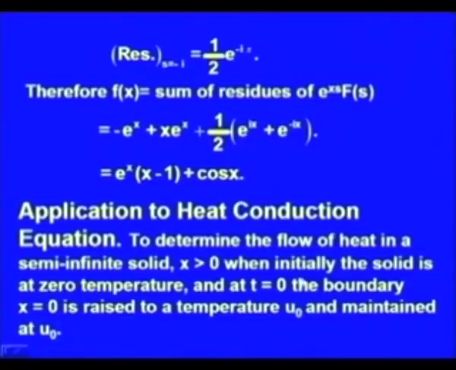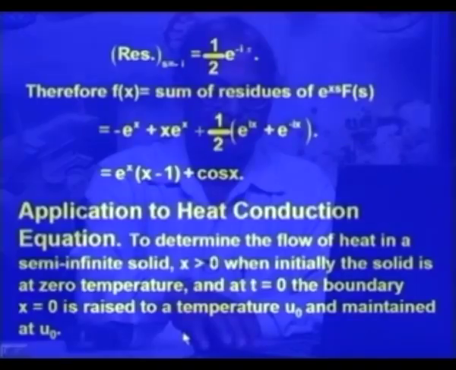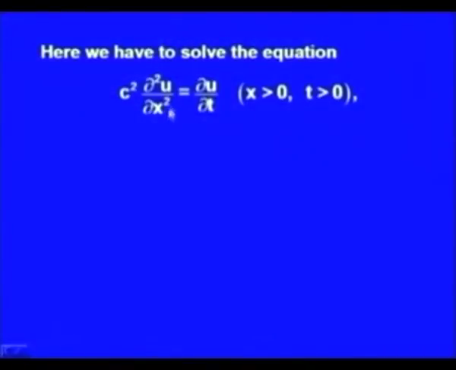Here we are given the initial condition that at t equal to 0, the temperature of the wire is 0, and one boundary condition that at x equal to 0, for all time t, u(x,t) is equal to u naught. And we know that the heat conduction equation in one dimension is del u over del t equal to c square del square u over del x square, where x is greater than 0 and t is greater than 0.